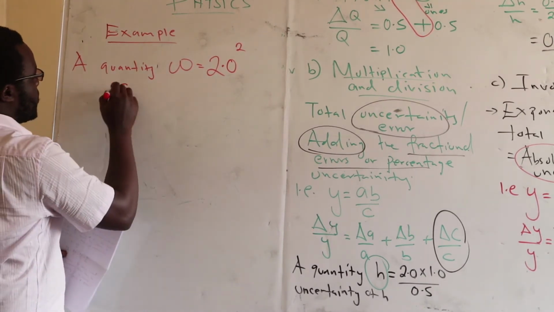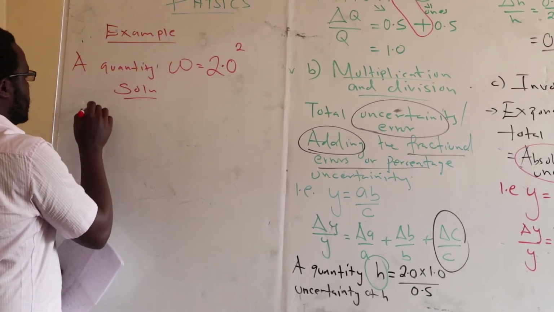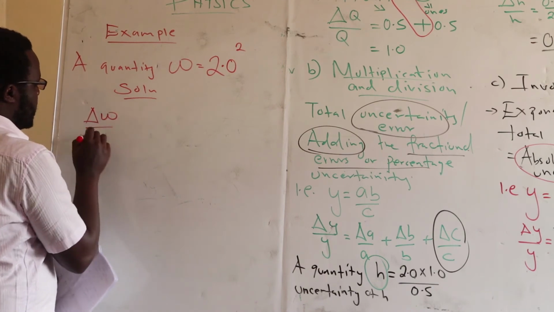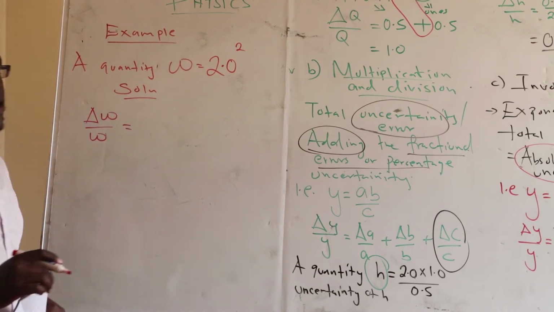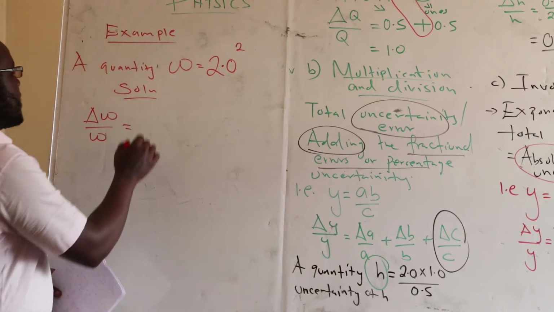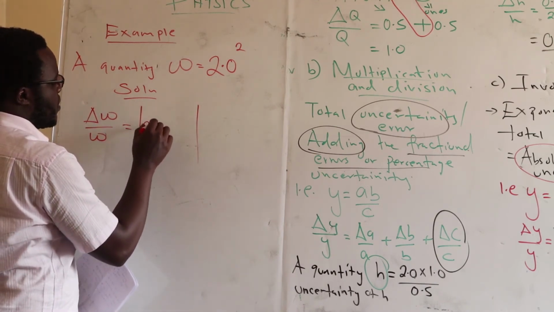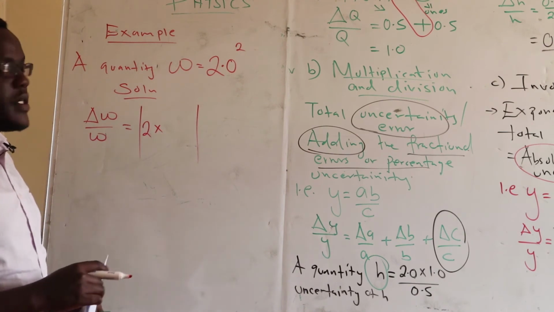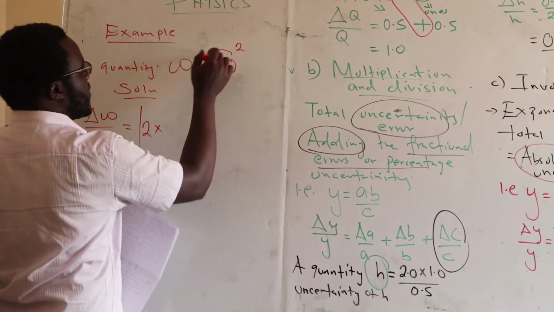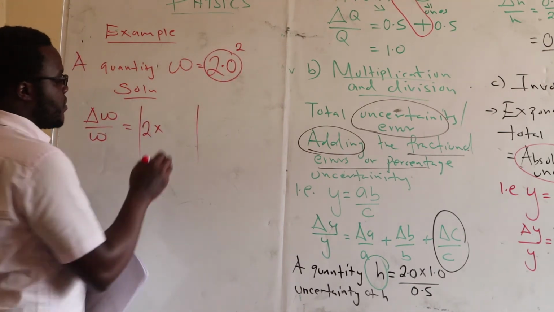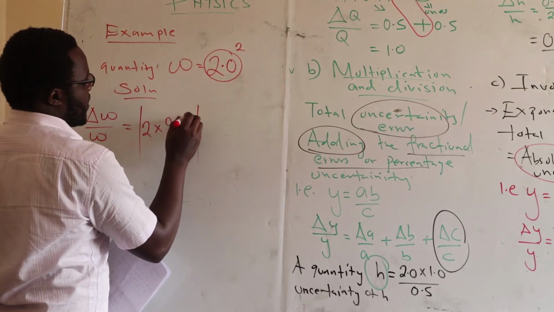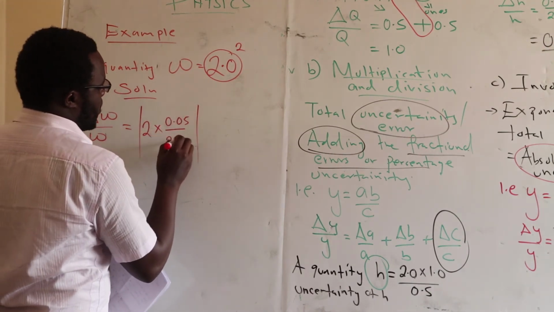In our solution, the total uncertainty of W is given by the absolute value of the power, which is 2, multiplied by the absolute uncertainty of the value that was being raised. So I have 0.05 divided by 2.0.